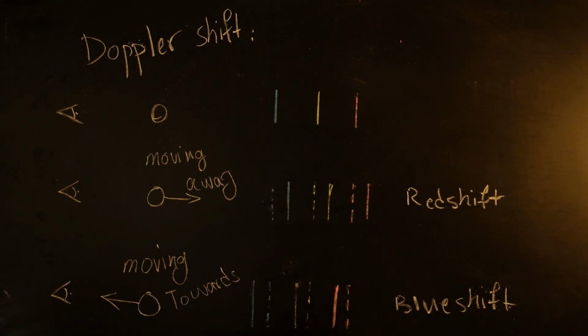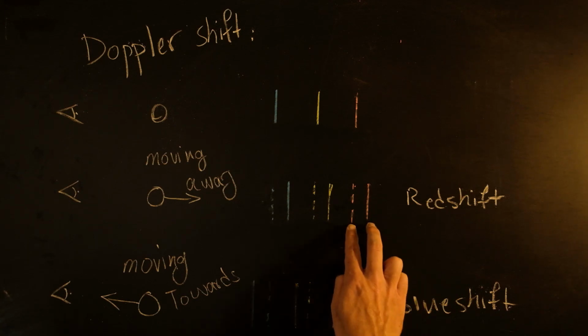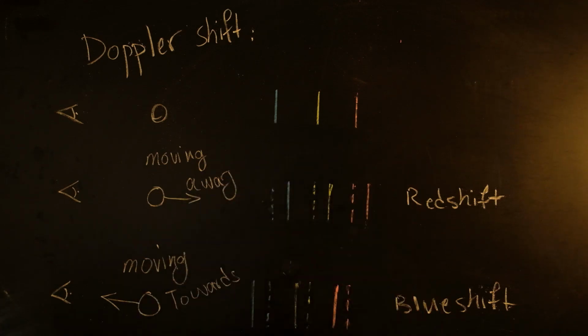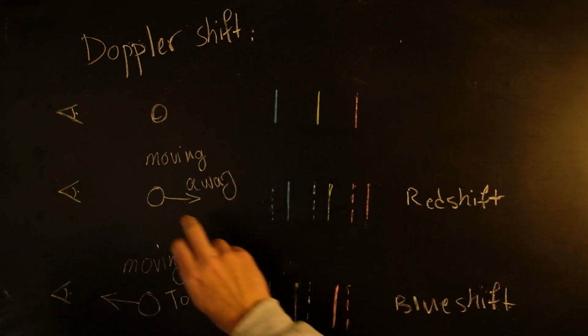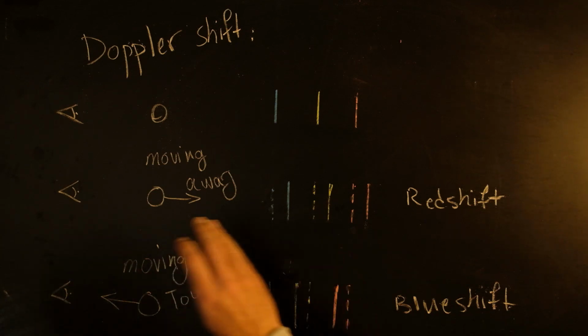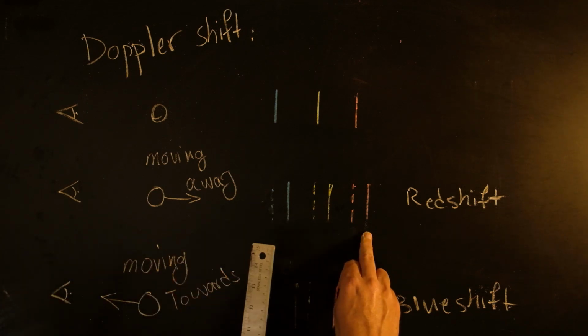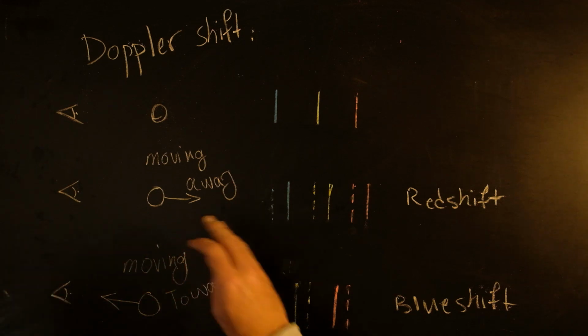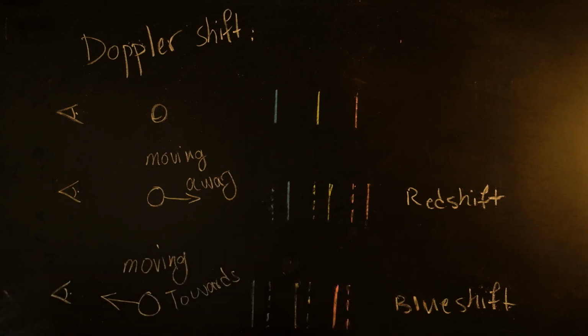What's more interesting is this shift: when you compare the shift with the original wavelengths, you can determine the speed. You can say how fast this object is moving. So for higher speed, we have a larger shift. Okay?